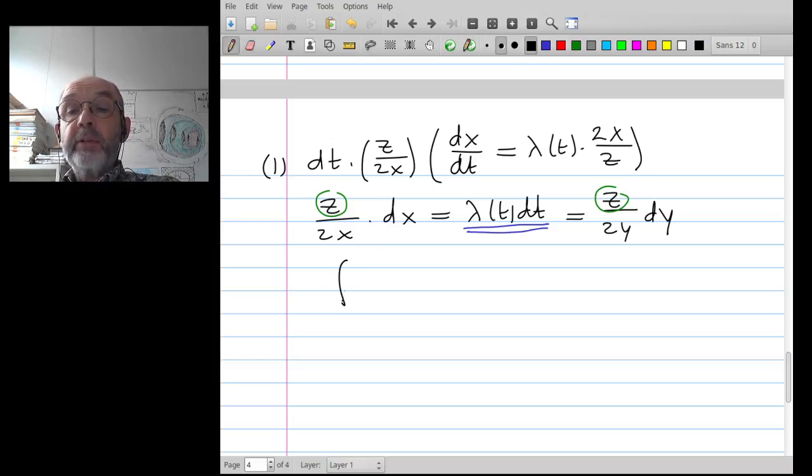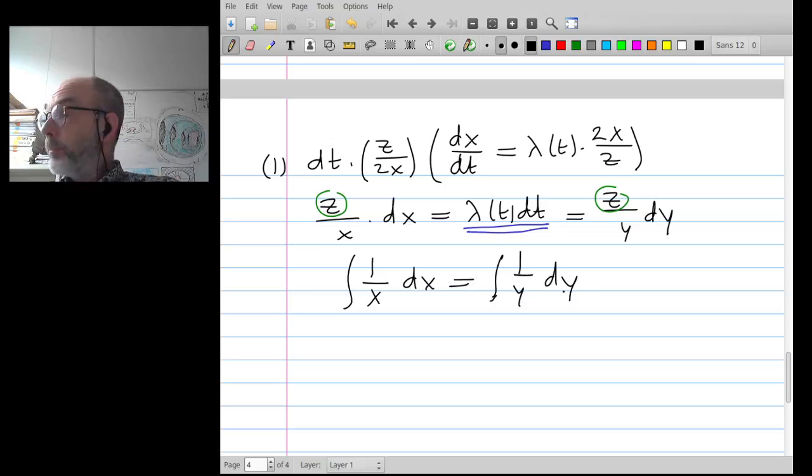I can also multiply everything by 2, so the 2 falls away, and I get dx/x is equal to dy/y. So my manipulations should already have given this equation, and I should have this equation if I integrate.